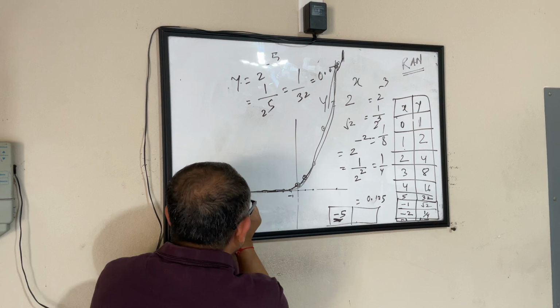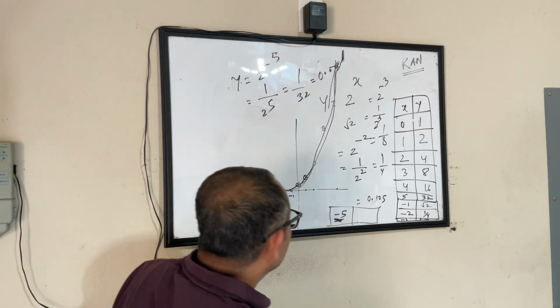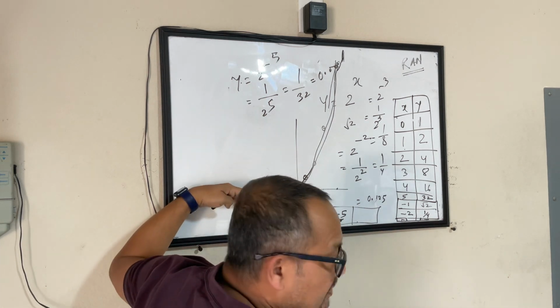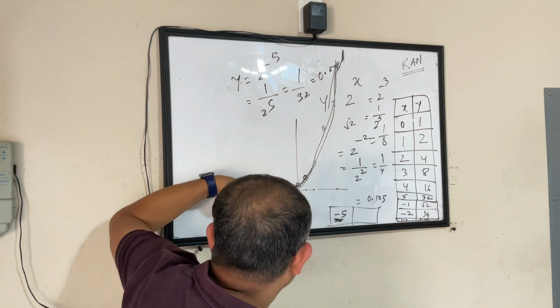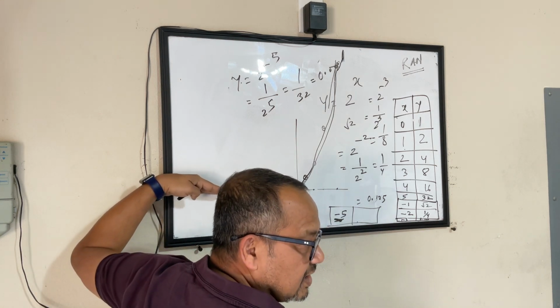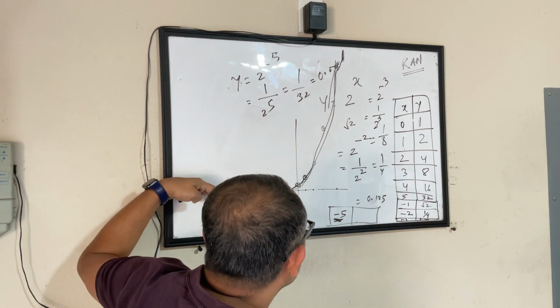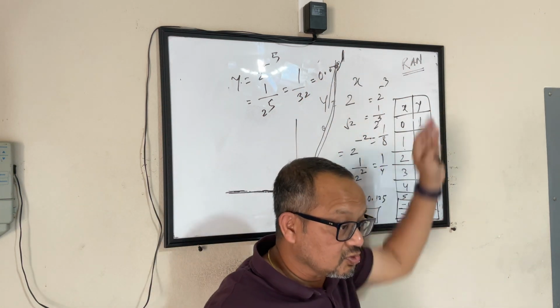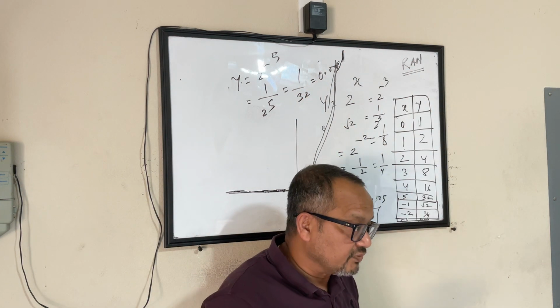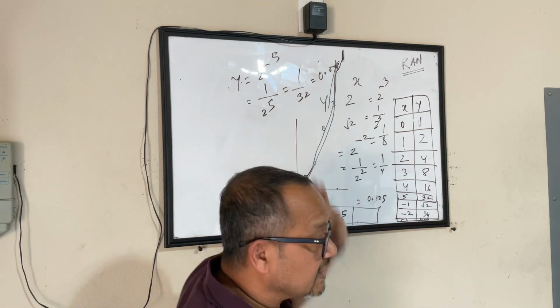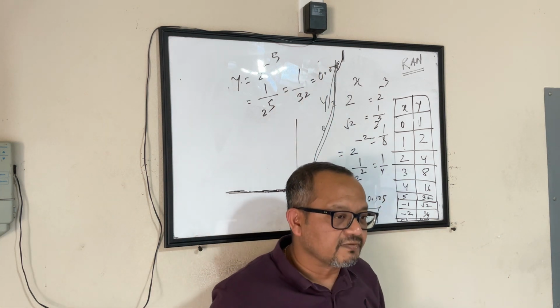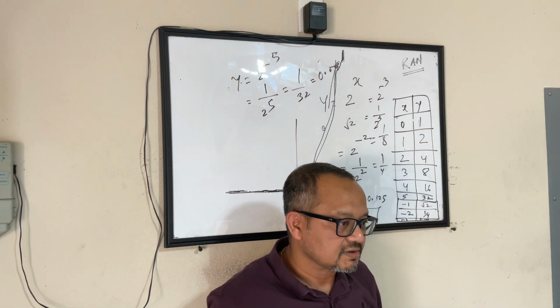This is called your horizontal asymptote. When the value of y approaches 0 or becomes flat like a straight line, that is your horizontal asymptote, and this is your vertical asymptote, just from an understanding point of view. You will come across this kind of scenario only when you are dealing with exponential equations.